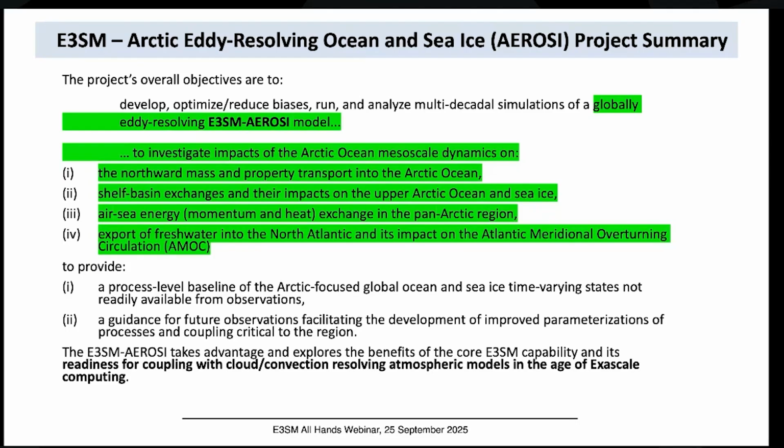And this E3SM AEROSI model's objectives are to investigate impacts of Arctic Ocean mesoscale dynamics on the northward mass and property transport into the Arctic Ocean, shelf basin exchanges, and impacts on the upper ocean and sea ice within the Pan-Arctic region, air-sea exchange of momentum and heat within the Pan-Arctic region, and then export of fresh water and potential impact on the Atlantic meridional overturning circulation.